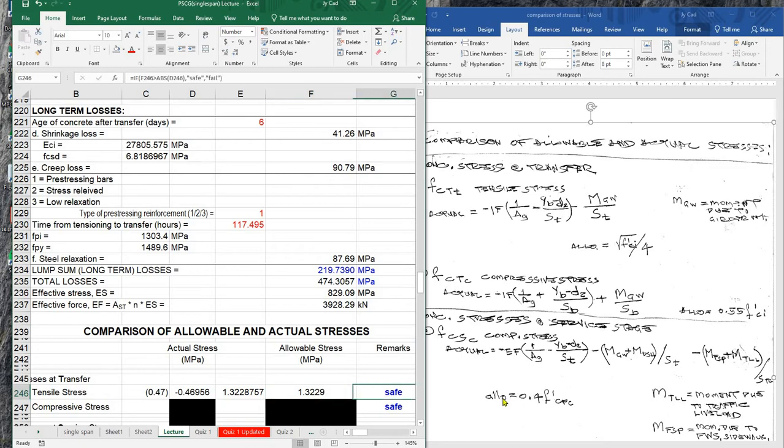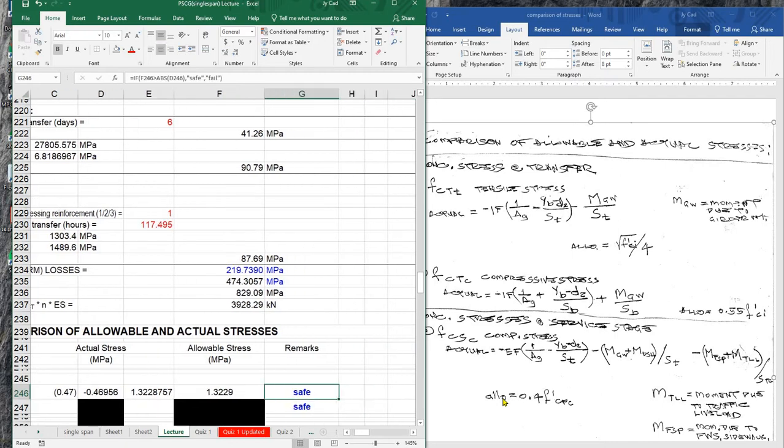Next is, i-check natin yung kung safe siya. So, ang para ng pag-check dyan is equal to if the allowable stress is greater than the absolute of the actual stress, then you print safe.